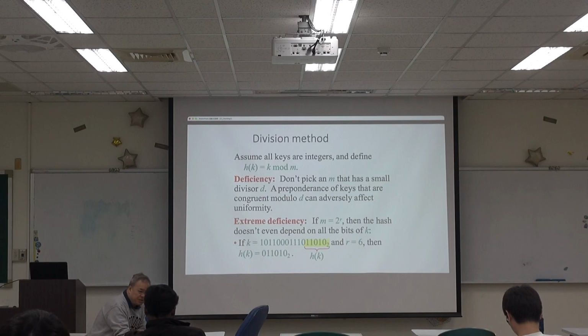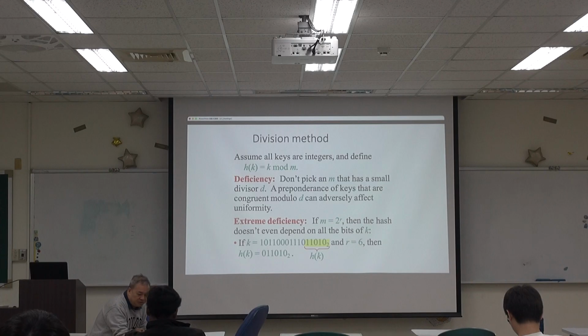For example, say you choose an even number as m, which obviously means you have a small divisor d of 2.